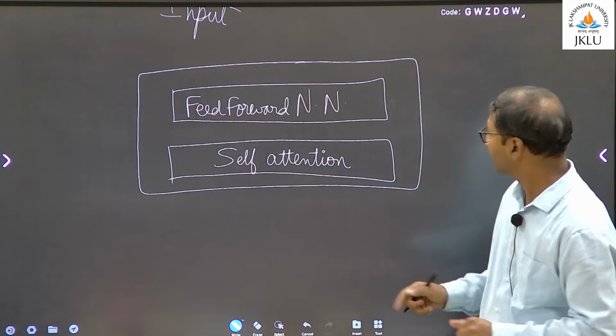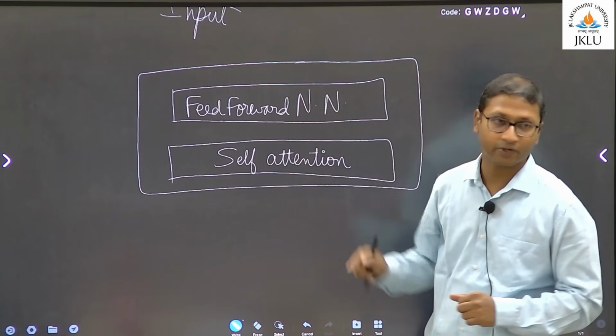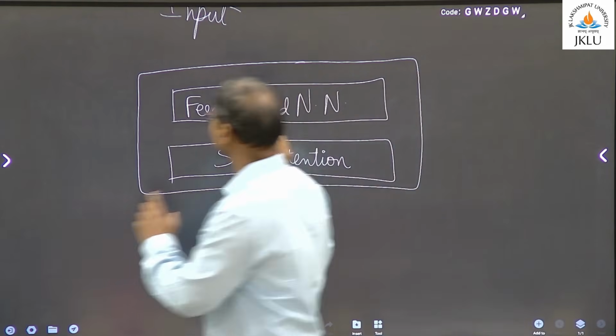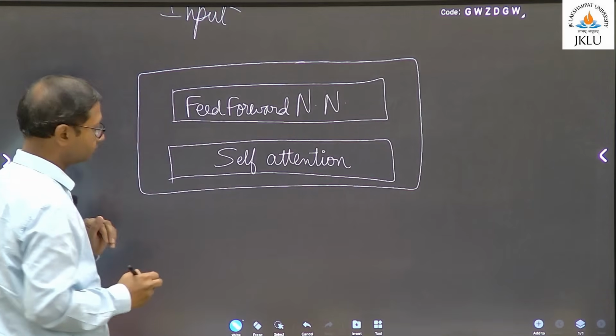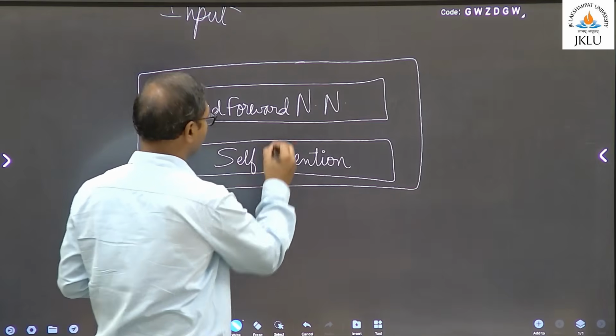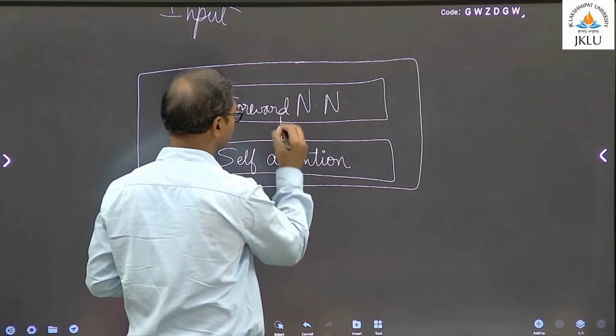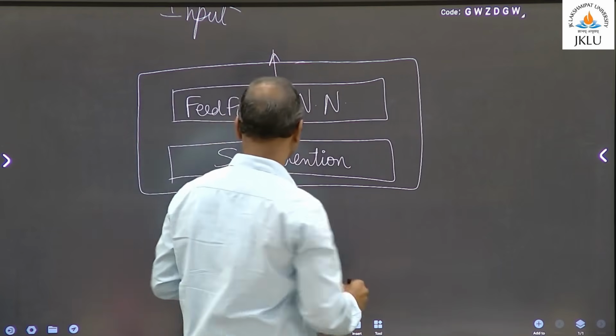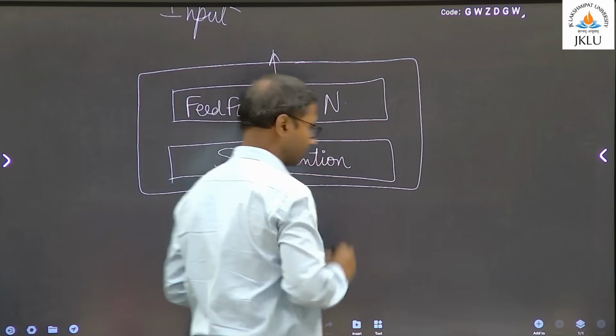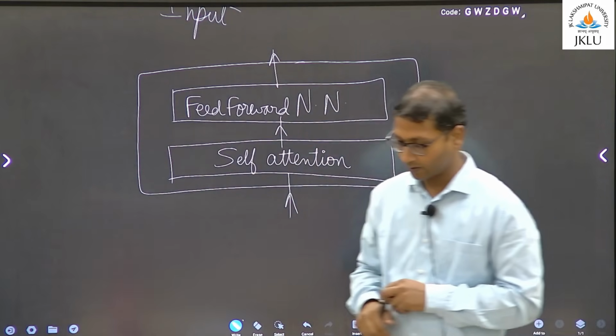Neural network, right? So self attention feed forward neural network. What is this thing? One encoder. Okay. So of course this will pass here, and then this guy passes to the next one, and of course it has to receive inputs. Okay.